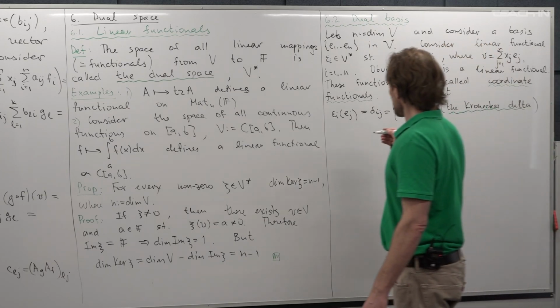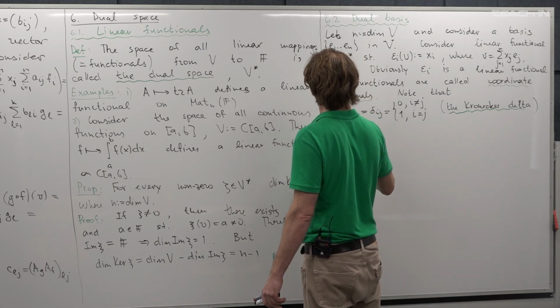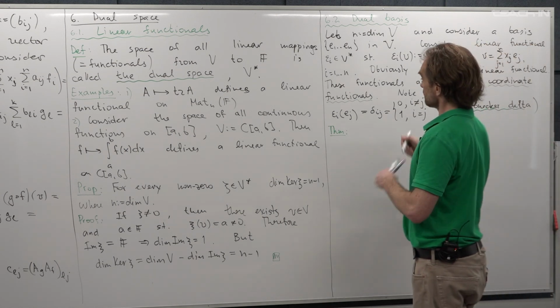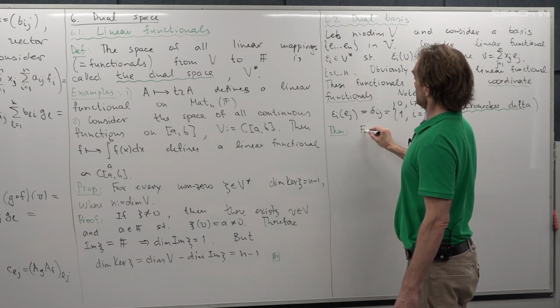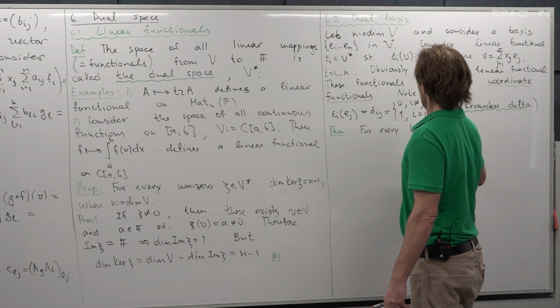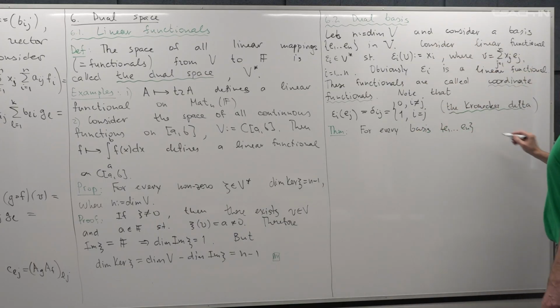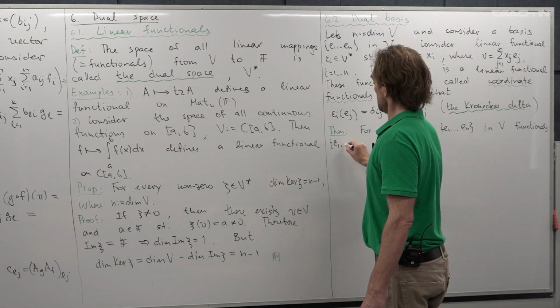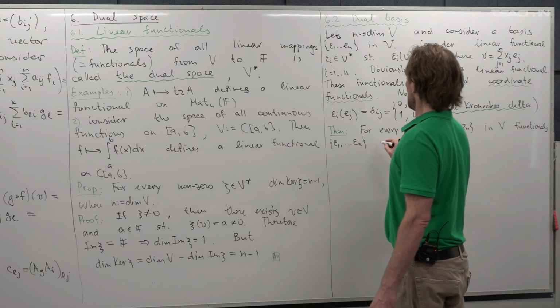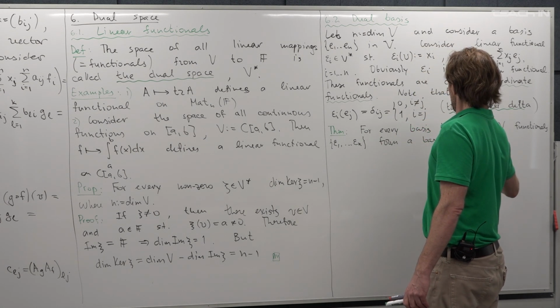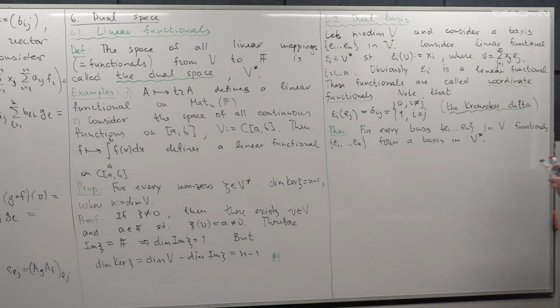And now I'm going to formulate and prove an important theorem that for every basis E sub 1, ..., E sub n, the functionals epsilon sub 1, etc., epsilon sub n form a basis in the dual space.